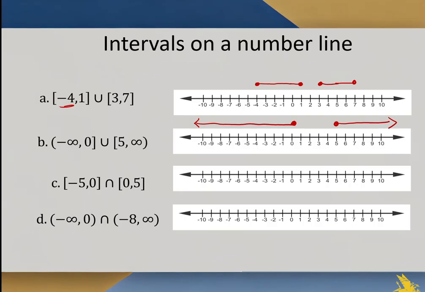The next one is slightly different because it says intersect. So here it's saying -5, 0, and it must intersect 0 and 5. That's just going to be a dot right here.